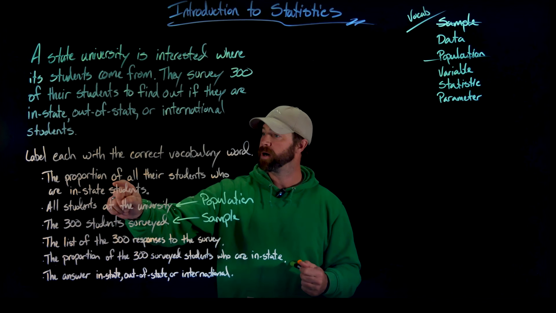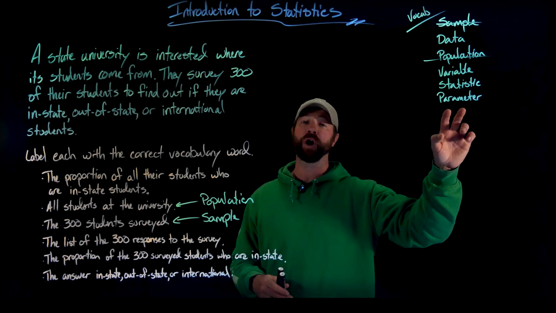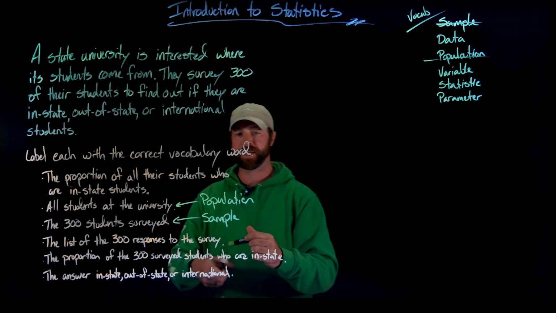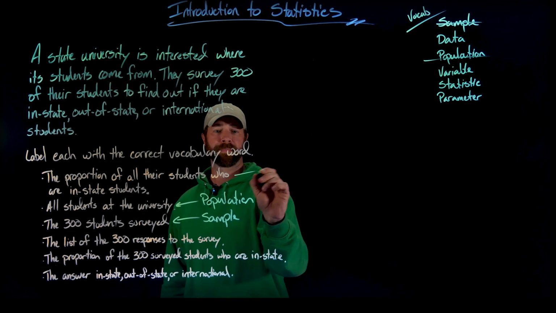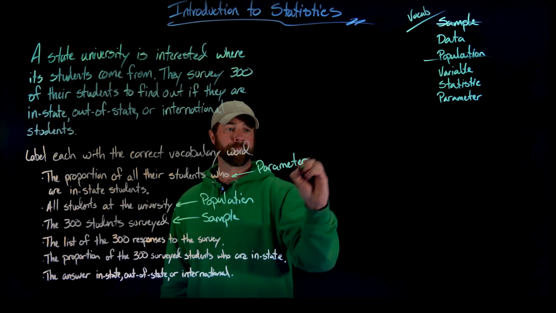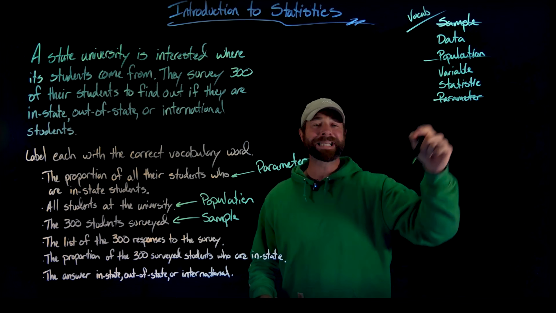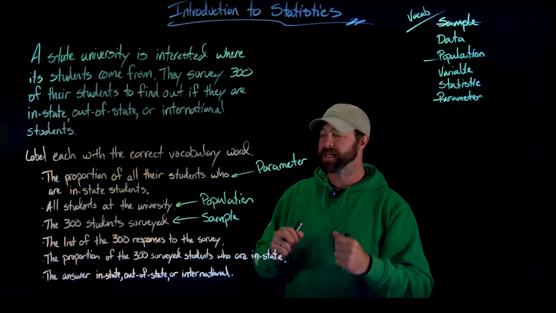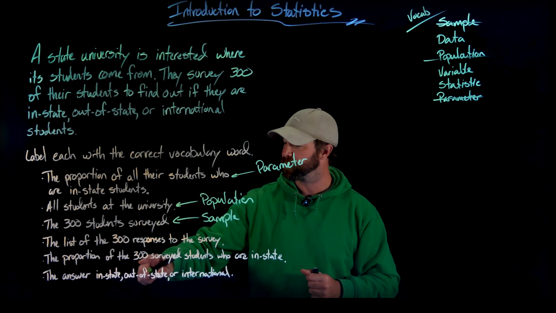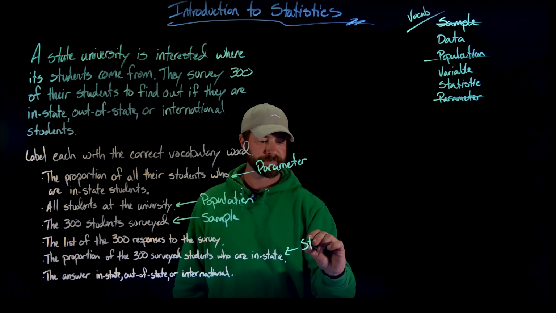So the proportion of all their students who are in-state students, that is what we would call a parameter because it's a numerical summary of this population. And then we have the statistic. The statistic is the numerical summary of that sample. That sample is the 300 students, so the proportion of the 300 students surveyed, this is the statistic.